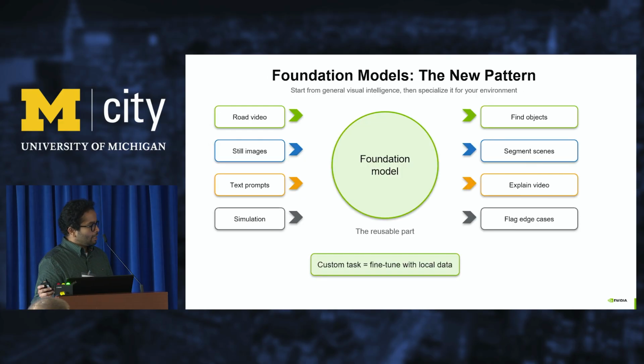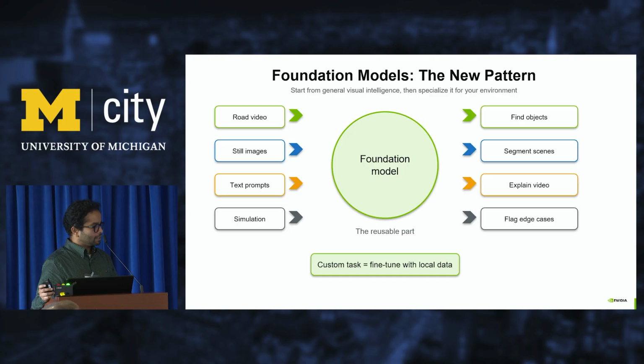So switch to today on foundation models. I know Dr. Liu touched on it a little bit earlier. You essentially have a reusable backbone of sorts where you feed in all of the data and it comes with a pre-trained starting point for all of your specific models.